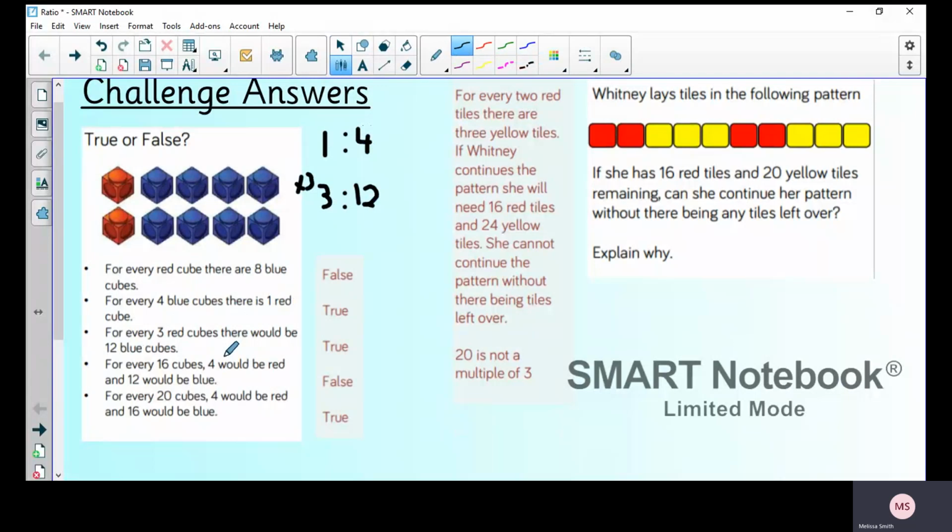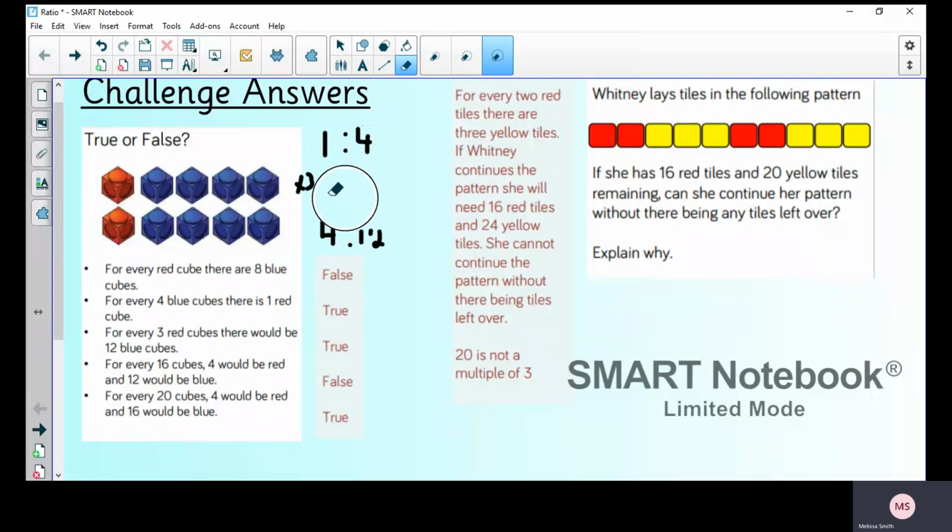This one here, for every 16 cubes, 4 would be red and 12 would be blue. Let's write out that ratio. So it's telling me that 4 would be red and 12 would be blue. Now, if you've already written this here, you can quite clearly see that this ratio is not going to be correct.